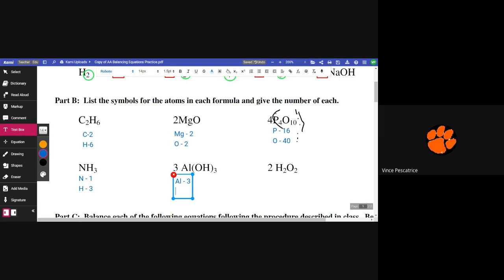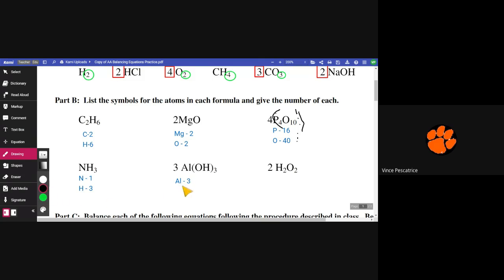All right, now let me show you how to do this one real quick because this is a little tricky. So there's 2 ways to approach this. When you see parentheses around paired elements, that's called a polyatomic ion. We briefly talked about that, but basically what you need to know is you want to treat this as one element.